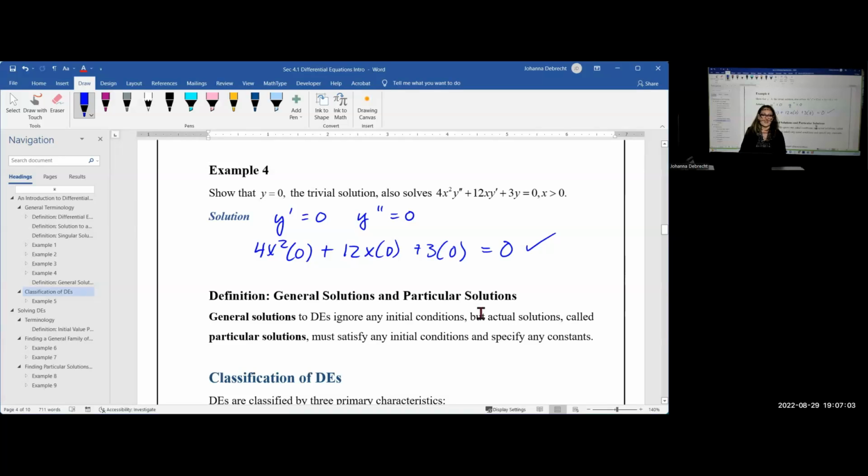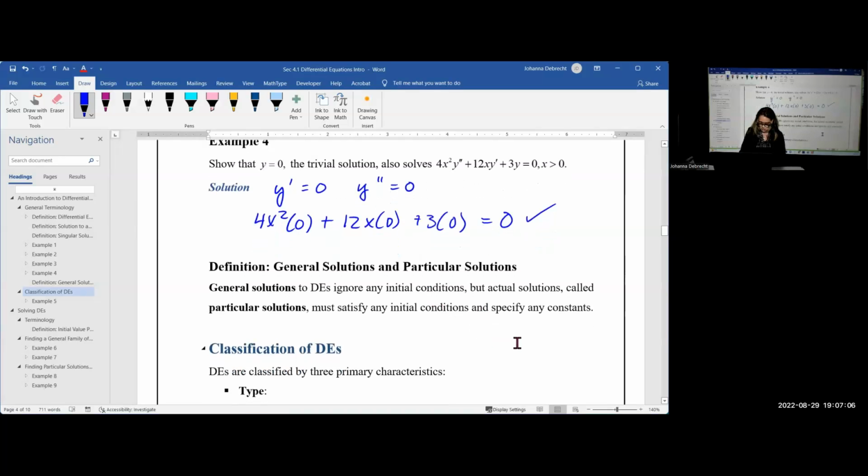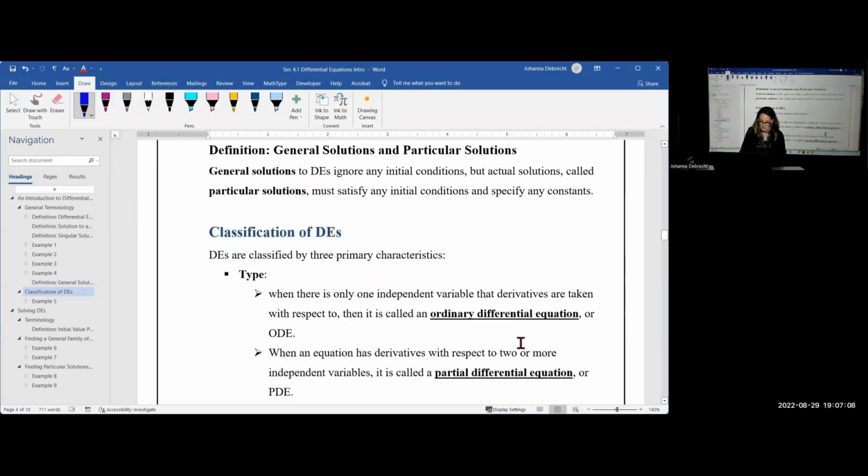Now let's go ahead and talk about how to classify differential equations and what we mean by a general solution as opposed to a particular solution. So a general solution to a differential equation ignores any initial conditions. Sometimes when we solve a differential equation, we only get the solution up to a constant, similar to the constant of integration. And in fact, most times that's where it's coming from. We had to integrate, we got a constant of integration.